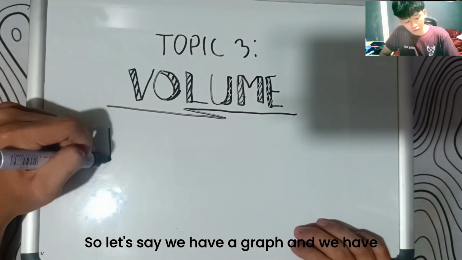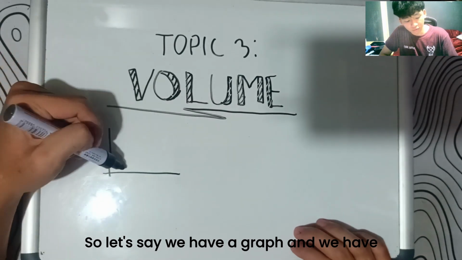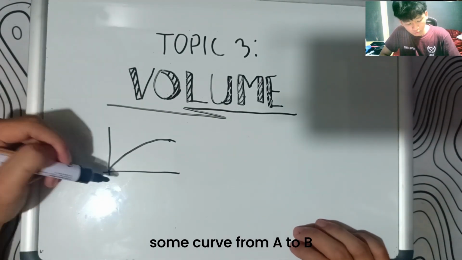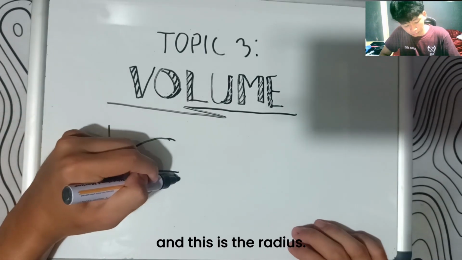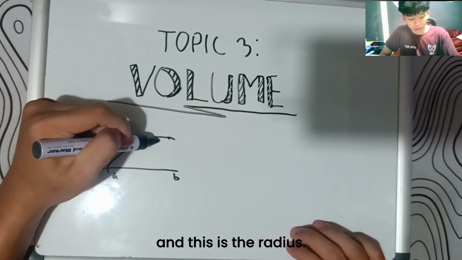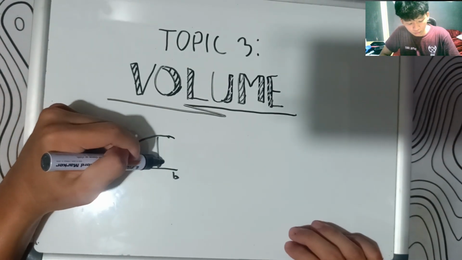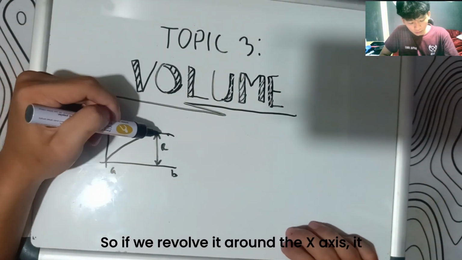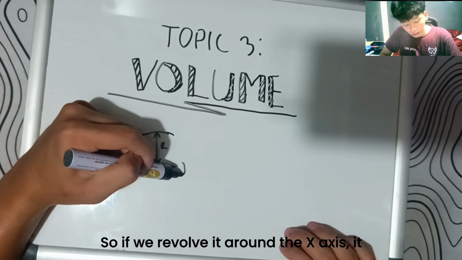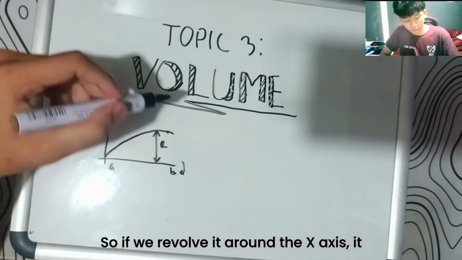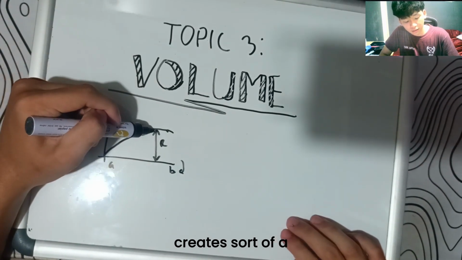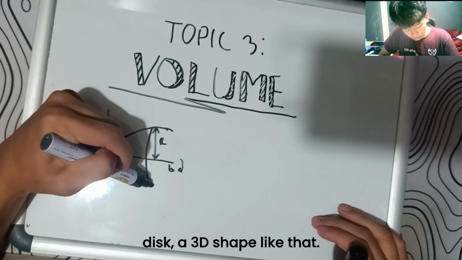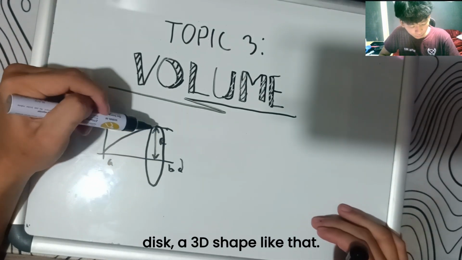So let's say we have a graph and we have some curve from A to B, and this is the radius, call it R. So if we revolve it around the x-axis, it creates sort of a disc, a 3D shape like that.